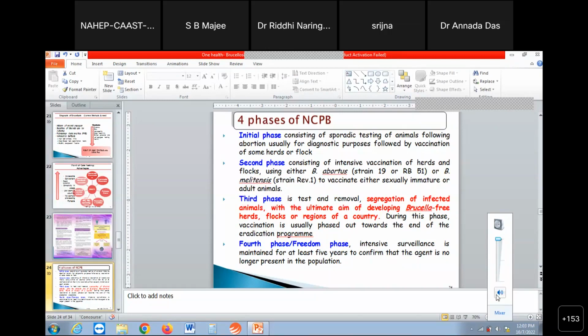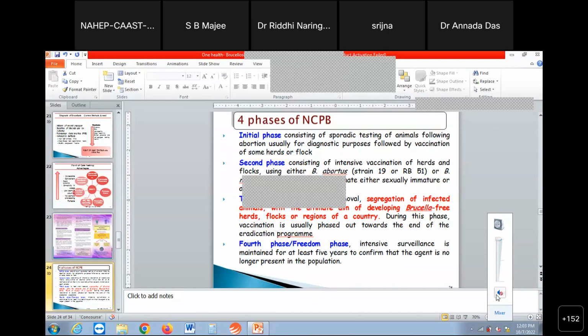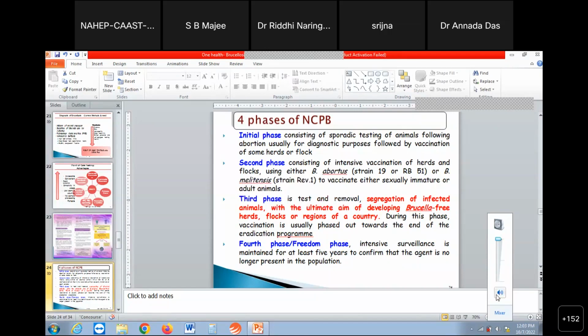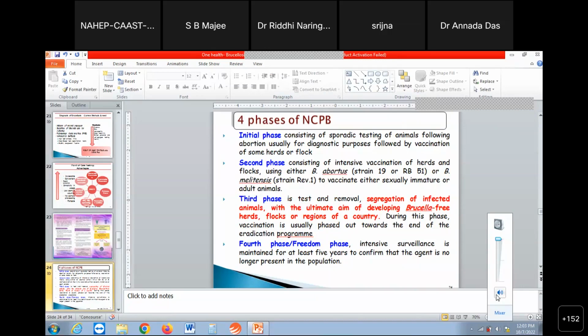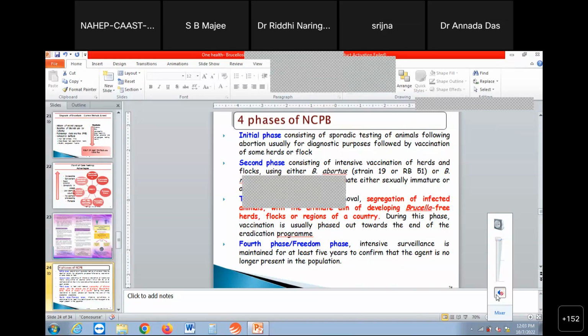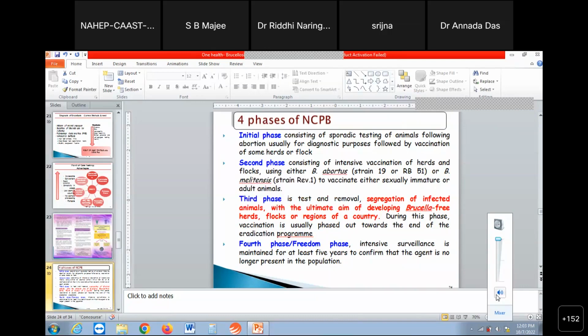So here please just don't consider Rev1. RB51 also never came in a big way in India. So it is still strain 19 which is doing its rounds. And strain 19 vaccination is still being done to vaccinate sexually immature or adult animals. So this is what is going on in the second phase. In the third phase, it was to test and remove.